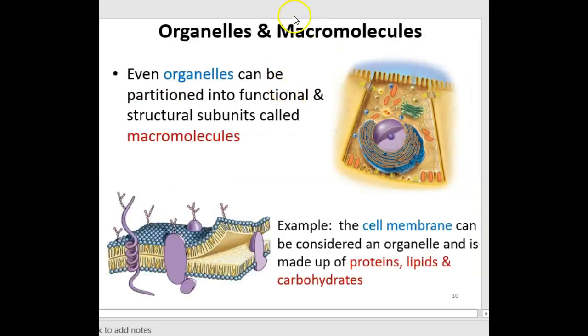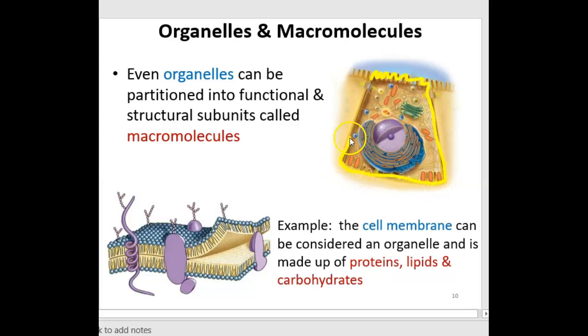So even organelles can be broken down or partitioned into structural subunits, which do have different functions. For example, let's just take the membrane of a cell. That's also kind of an organelle. It's at least a part of a cell. I don't know if I'd call it an organelle, but it's the boundary of the cell.